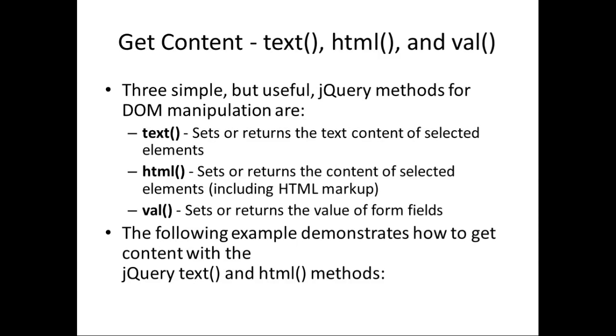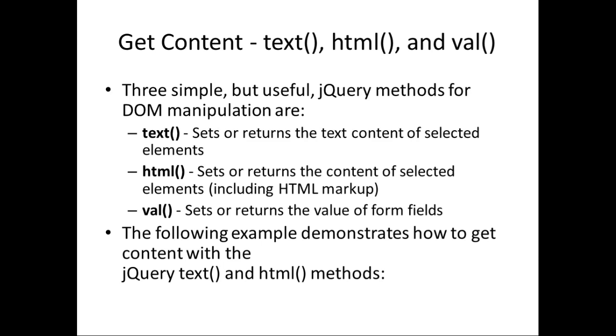So to get content, here are the methods that we'll be using. We have the text method, HTML, val, and the attr or attribute method. So these are 3 simple, maybe 4, but we'll first discuss the 3 simple but useful jQuery methods for DOM manipulation. Text sets or returns the text content of selected elements.